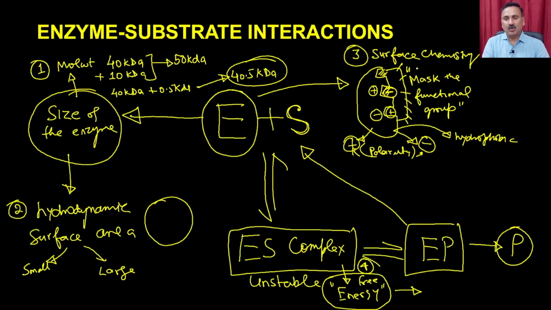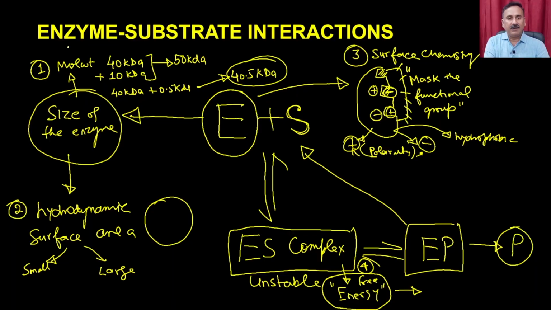And all these properties can be studied with the help of different types of techniques. For example, if you want to know whether the molecular weight is going up or down, you can do electrophoresis, right? If you want to know whether the molecular weight is changing or not, you can do electrophoresis.